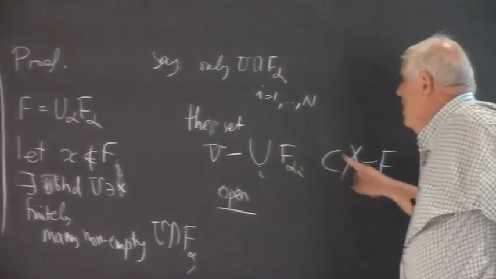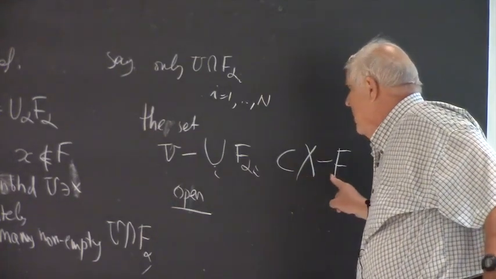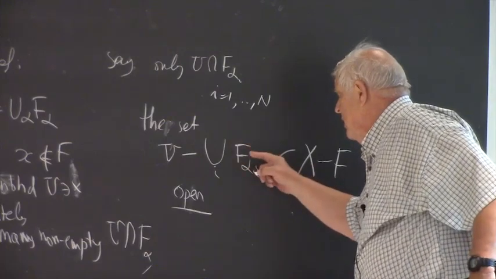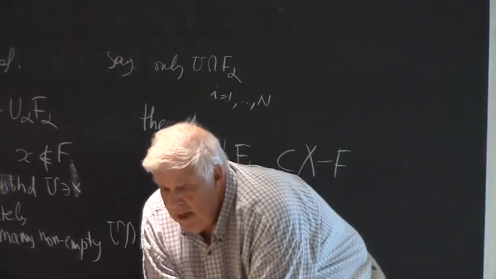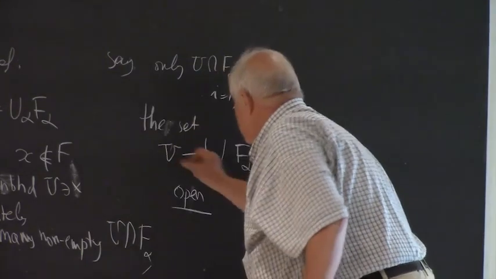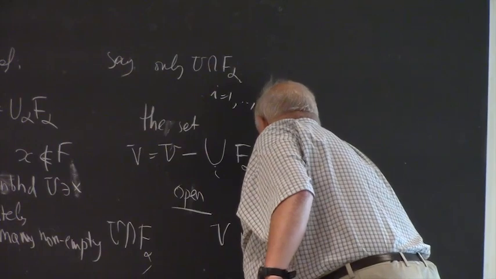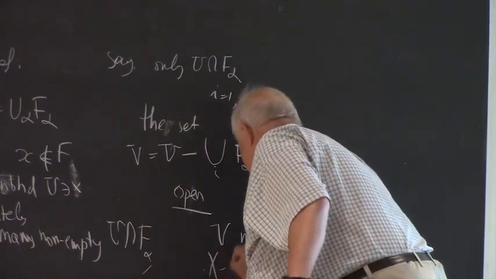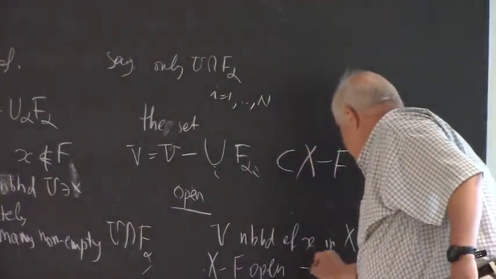If a point in F belongs to one of these sets, then it is deleted. If a point in F doesn't belong to this set, then these intersections are empty, so the corresponding F alpha has empty intersection with U, and its subtraction doesn't mean anything. And if we denote this as V, it will be a neighborhood of x in X minus F. So X minus F is open since every point has an open neighborhood, and F is closed.